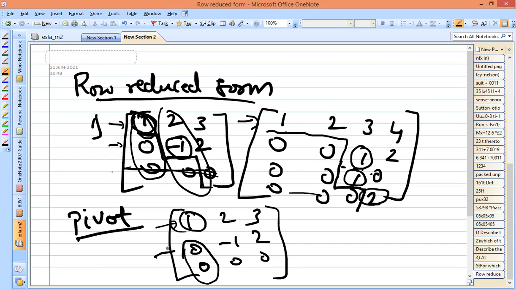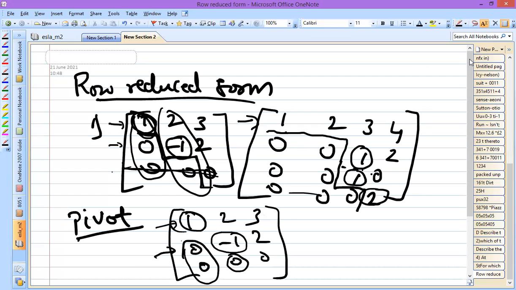When you come to the second row, the first non-zero element is -1. Below this pivot, we should find a 0. We have to keep this in mind. If you have a form like this, automatically you will have the staircase pattern also. The first non-zero entry of each row is called the pivot of a matrix, and the column consisting of that pivot is considered the pivot column. Now we'll take an example.